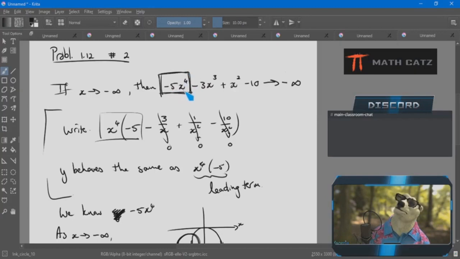Couple of transformations on a basic function, so I can very easily identify how that behaves, and that long term determines the behavior of the whole polynomial. All right, so that's the key concept here.